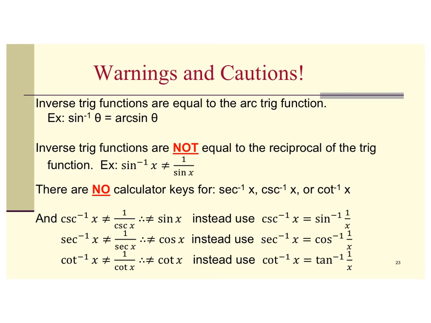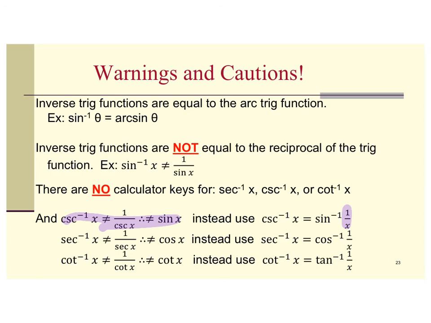So since this is true, this is not equal to this, what you have to do instead is cosecant is associated with sine, but it's not 1 over the sine, it's the reciprocal of what's inside.